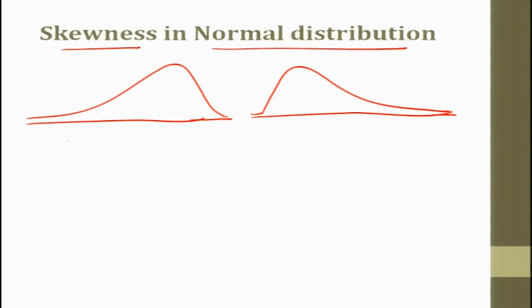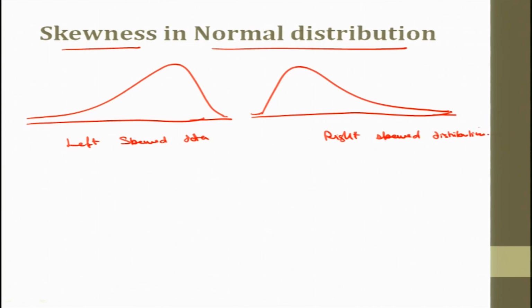But the skewness is attributed to the tail of the curve. If the tail is towards the left, this is known as left skewed data or distribution, whatever you call it. This is right skewed distribution.